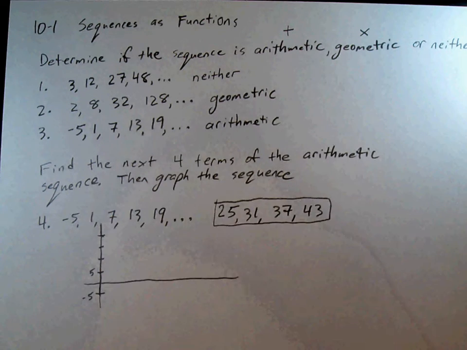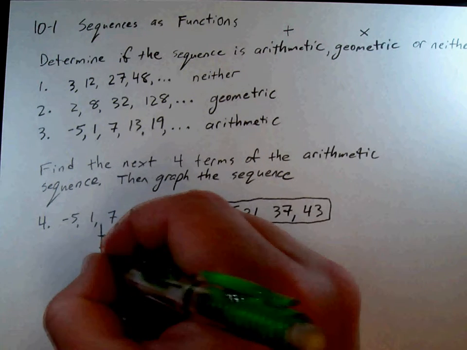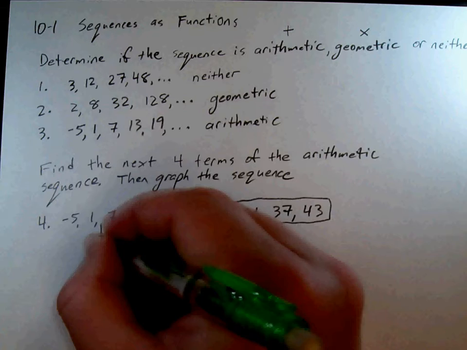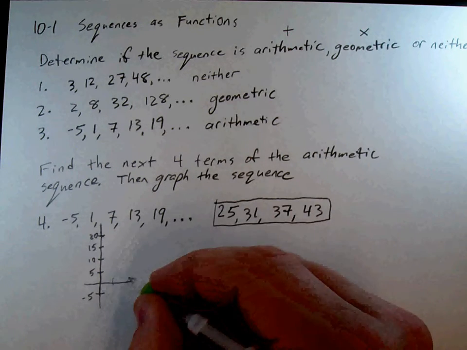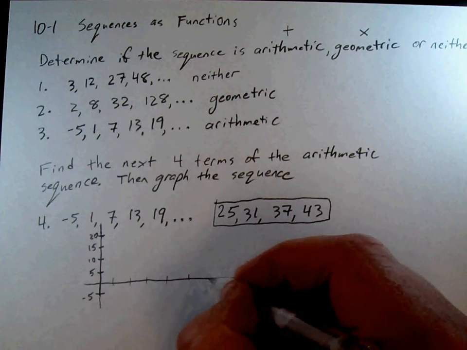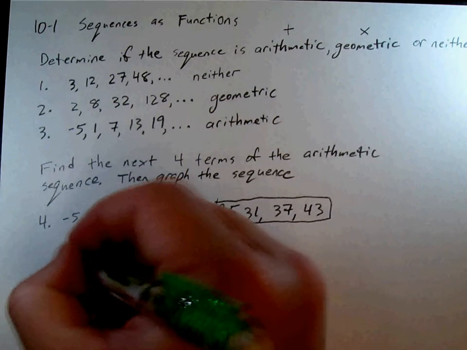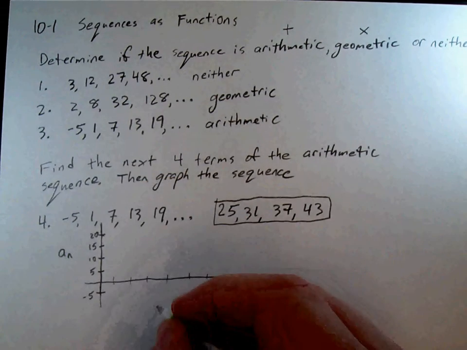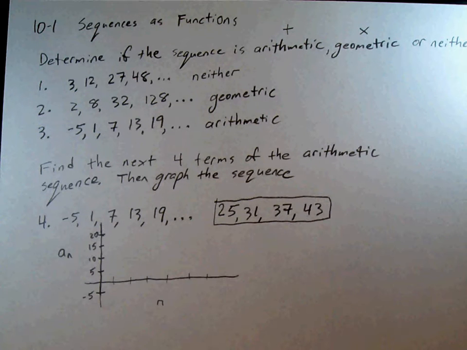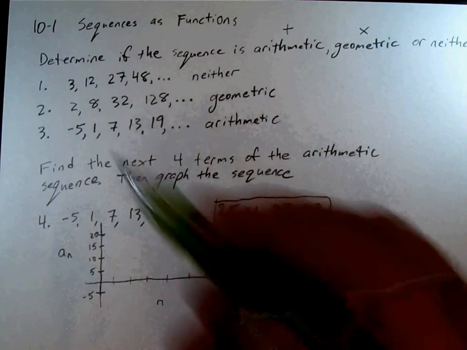Maybe I'll just graph the initial ones because I don't want to make my graph huge. So that's the term. I'm going to call that a sub n. And I'm going to call n which term it is in the sequence. Like it's the first term, it's the second term, it's the third term. Those are some notation we want to get familiar with throughout this section.